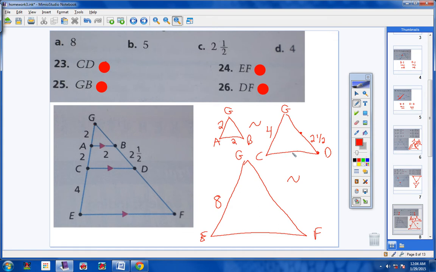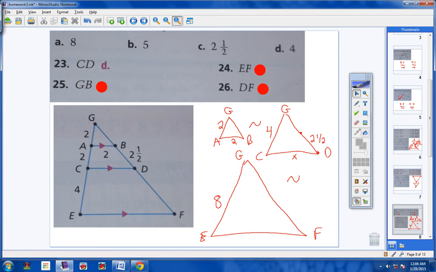These two triangles are similar, so 2 over 4 equals 2 over x. If we cross multiply, we get 2x equals 8. Divide both sides by 2. X equals 4. So the first answer here should be letter D, 4.